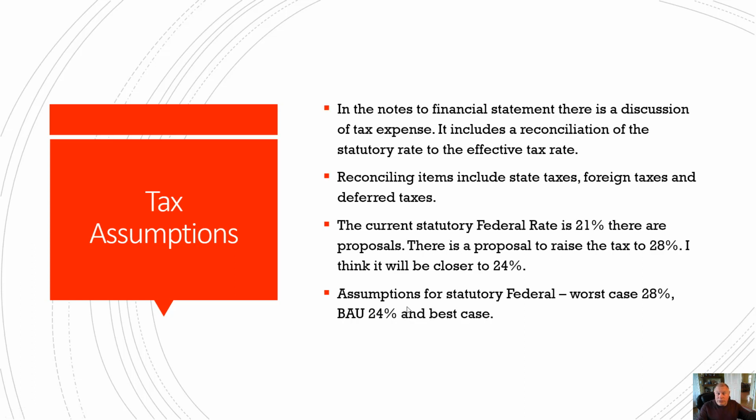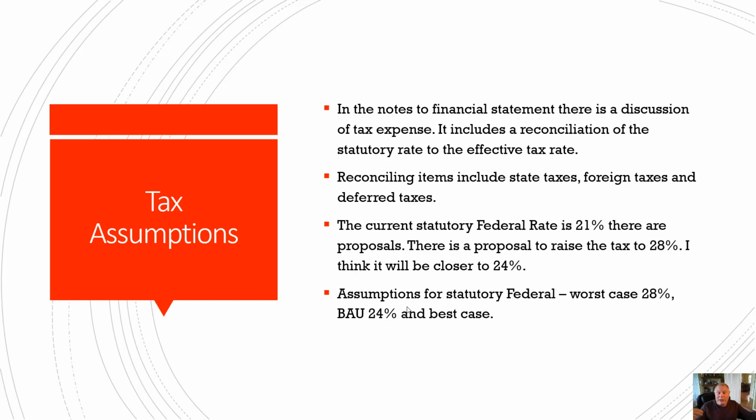Next thing that is important that wasn't there the last time we did this course is tax assumptions. In the notes to the financial statements, there's a discussion of tax expense, and it reconciles the statutory rate to the effective tax rate. The reconciling items include state tax, foreign taxes, deferred taxes, etc. Now, the current statutory federal rate is 21%, but there are some proposals out there as part of the infrastructure bill.